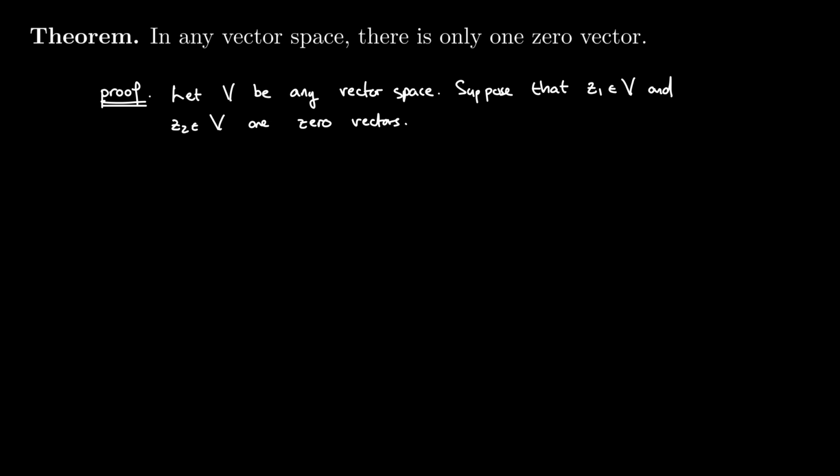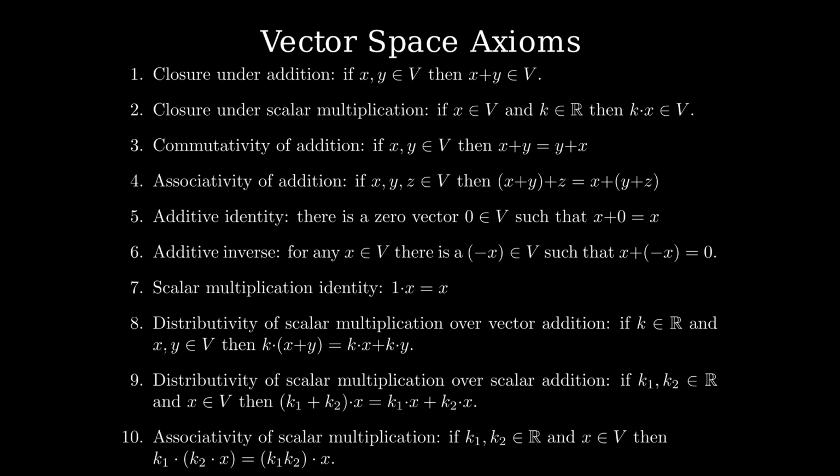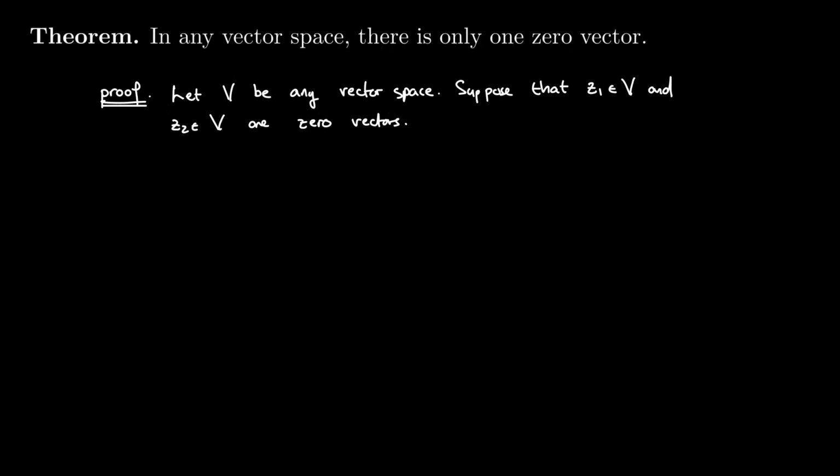Well, if I go back to the axioms, axiom 5, sorry: if I take any X and add it to the zero vector, I should get back X. In other words, in our vector space V, if I take X plus Z1, I should get back X for any possible X. If I take X plus Z2, I should get back X also for any possible X. So that's what it means to be zero vectors.